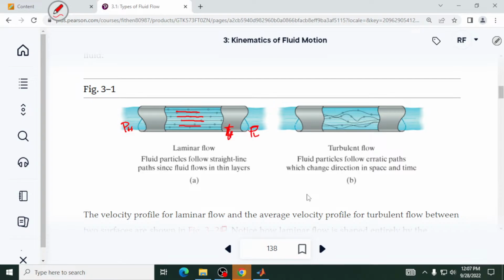Turbulent flow is a situation where the flow became so fast that the randomness took over and you get a little bit of chaos, which is determinable. It's not, but it takes a lot of effort to determine the actual velocity there.